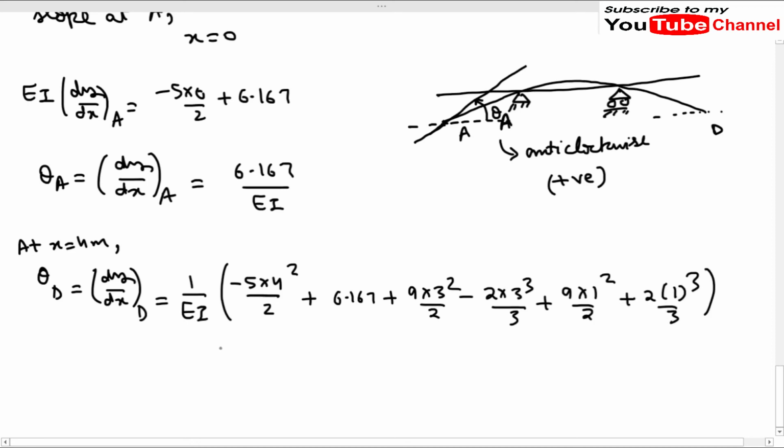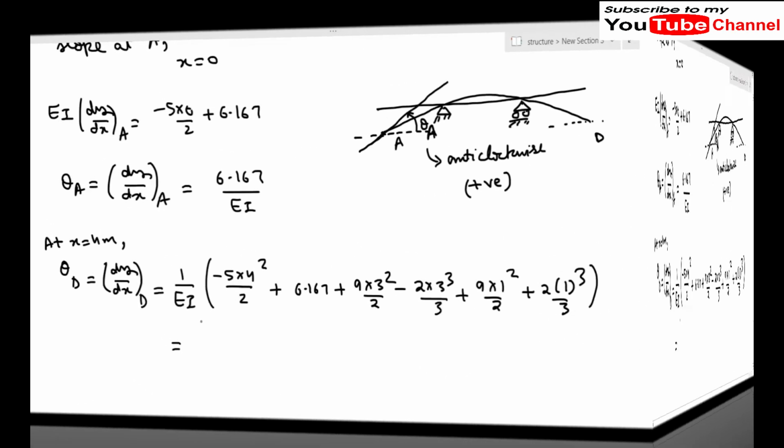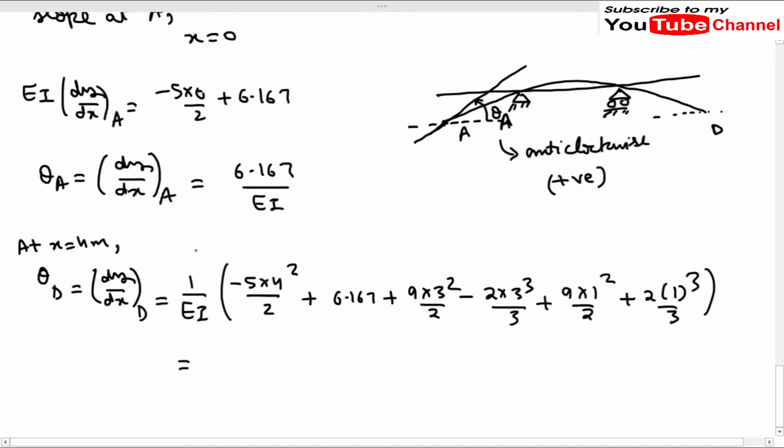Okay, so let me just calculate these values. So after calculating, you will get the value of minus 6.167 divided by EI.